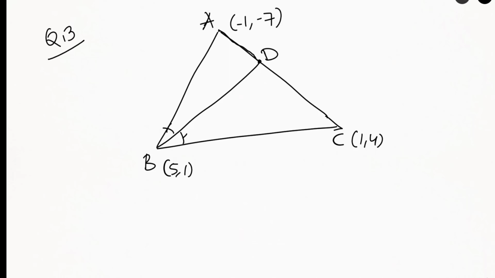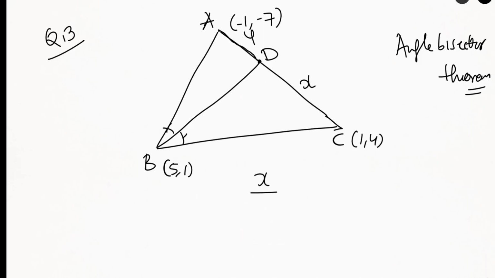Okay, how to know this point? Recall question number 5 that we solved using the angle bisector theorem. If this is x and this is y, then x over y will be the ratio of the lengths BC over AB.